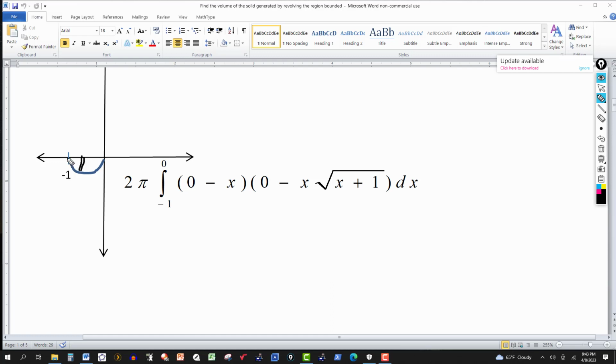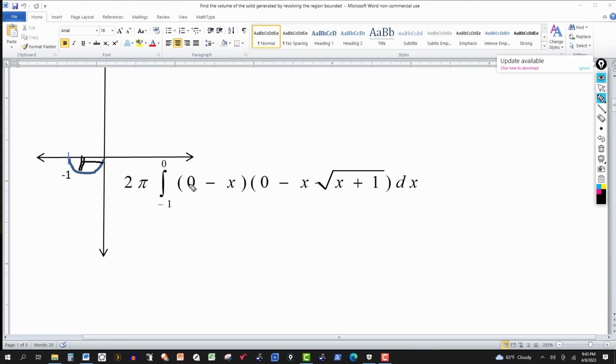And then the integral is going to go from negative 1 to 0. I have it right here. And the value of p will be the distance from the axis of revolution, which is the y-axis, to the center here. So it'll be the distance x, but it's going in the negative direction.